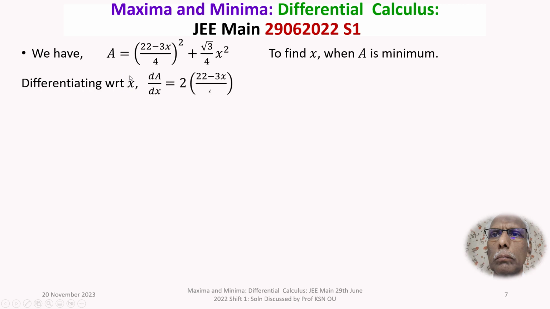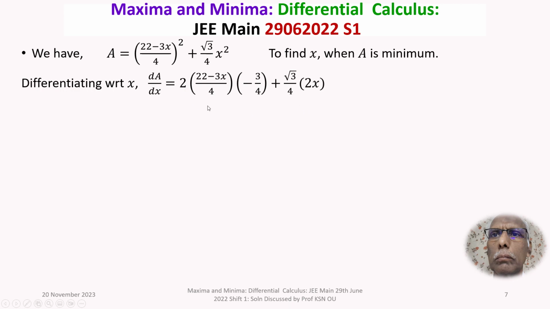Differentiating with respect to x, dA by dx is equal to 2 times (22 minus 3x) by 4, and the derivative of (22 minus 3x) by 4 with respect to x is minus 3 by 4, plus root 3 by 4 times the derivative of x square, which is 2x.